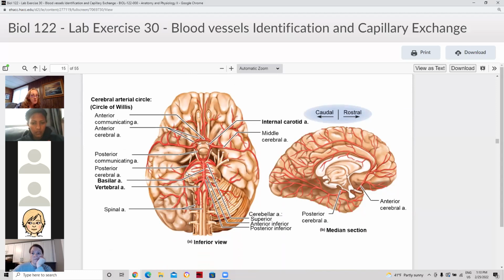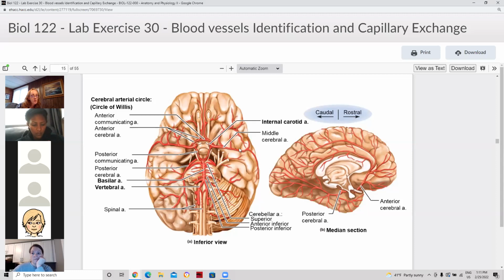And we have the posterior cerebral arteries. Posterior cerebral meaning brain. The posterior communicating arteries.